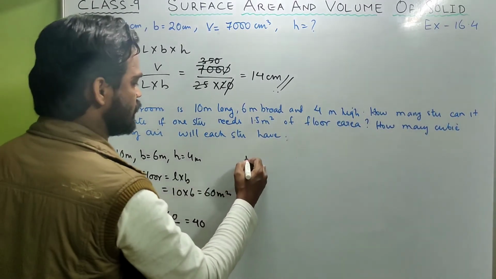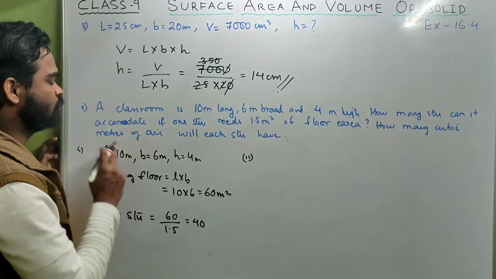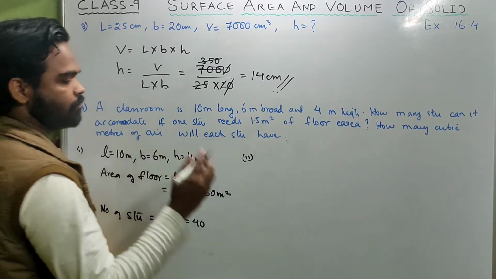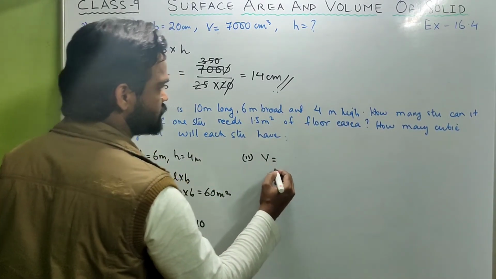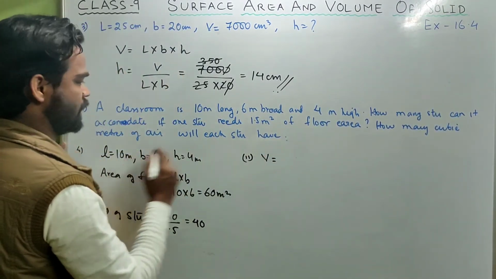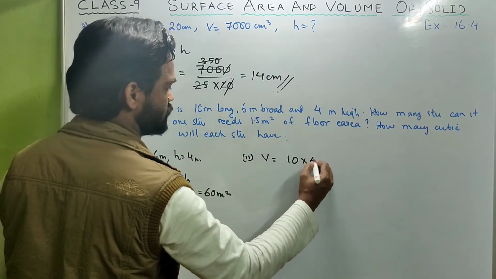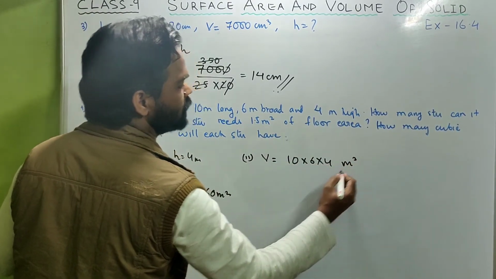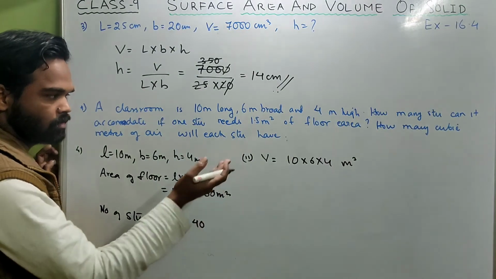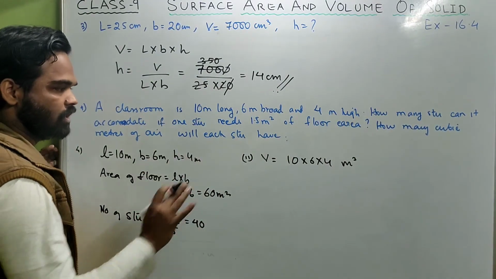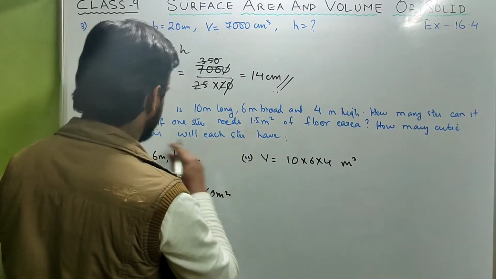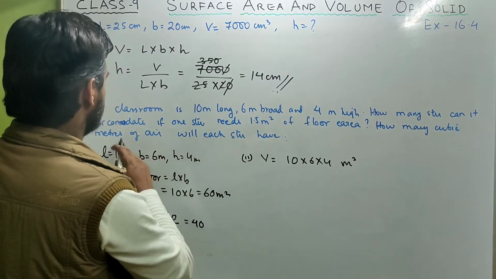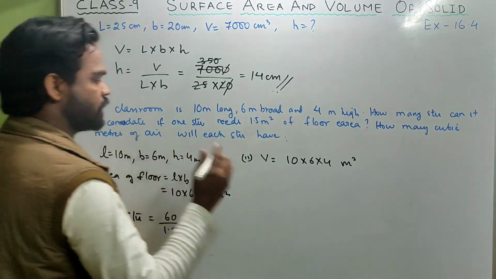Okay. Now the second part. How many cubic meters of air will each student get? Now volume is length into breadth into height. That's 10 into 6 into 4 meter cube. This is the total volume of the class. Now what they're asking? How much air will each student get?